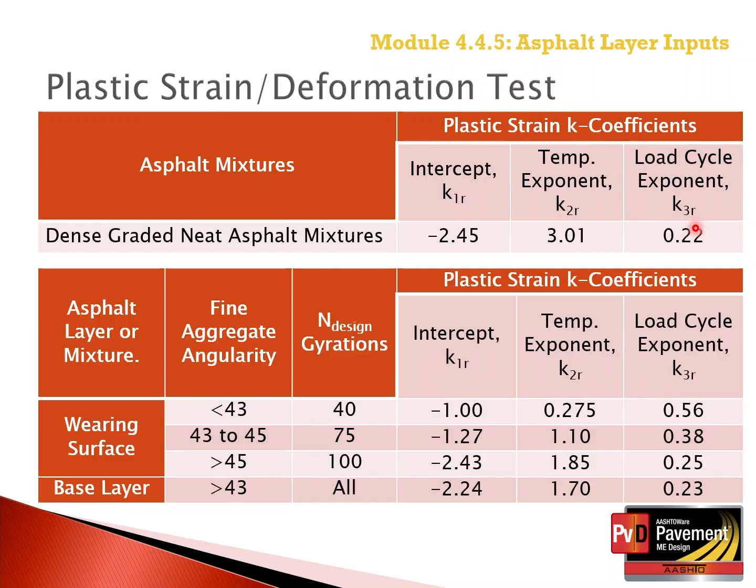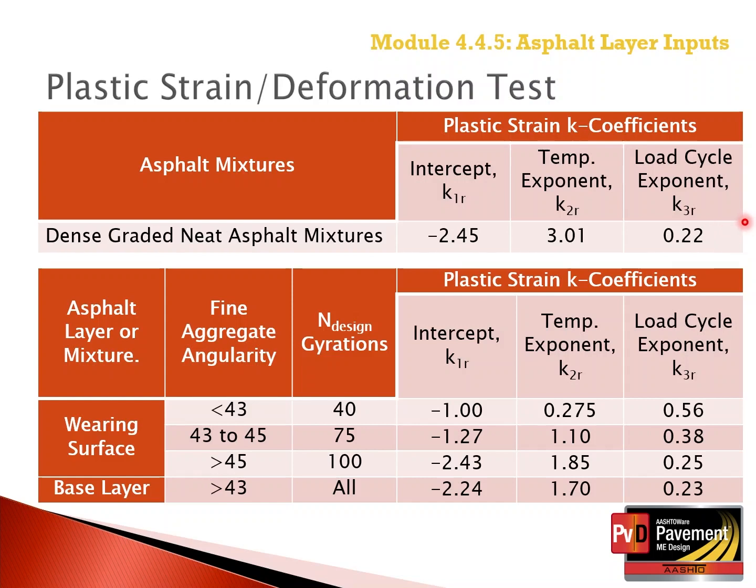The lower table on this slide provides the coefficients for the asphalt rut depth transfer function derived for an individual agency that completed the repeated load plastic deformation testing and found the coefficients to be dependent on selected parameters of the asphalt mixture in their specifications.